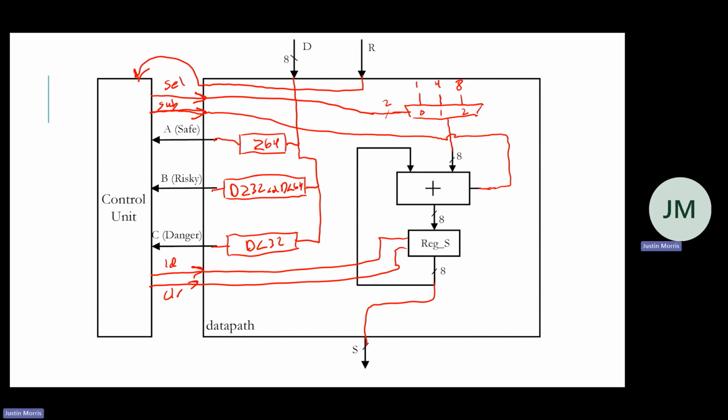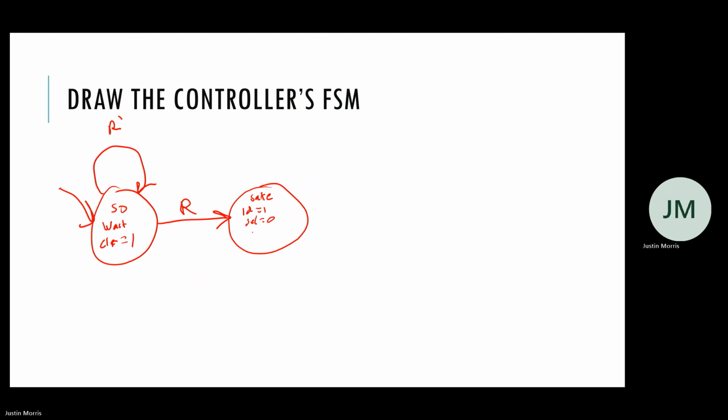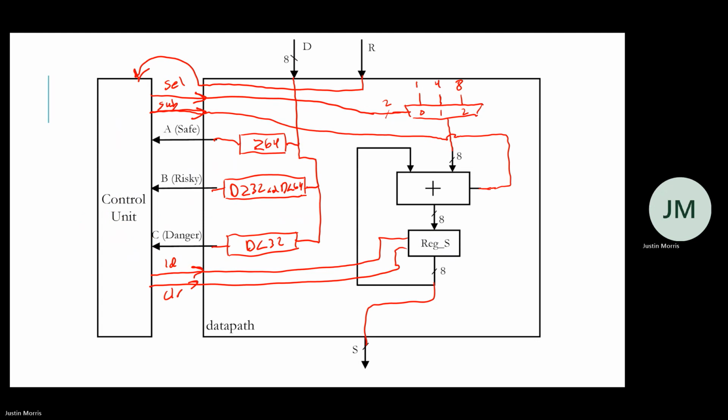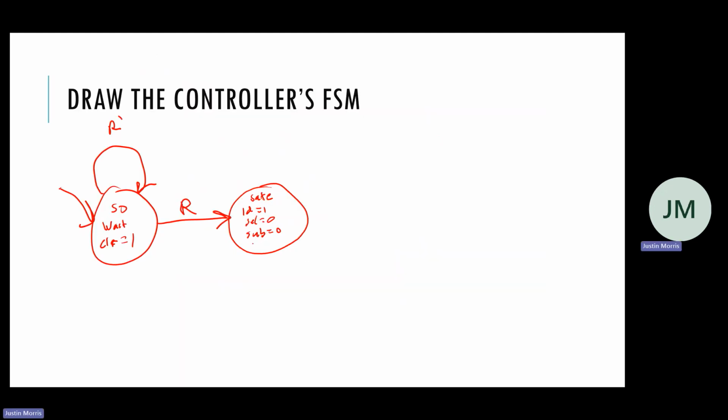If we're calling it sub, yeah, it should be 0, right? Sub is 0. And what else? Let's also be clear that clear is 0, since we have space in there.